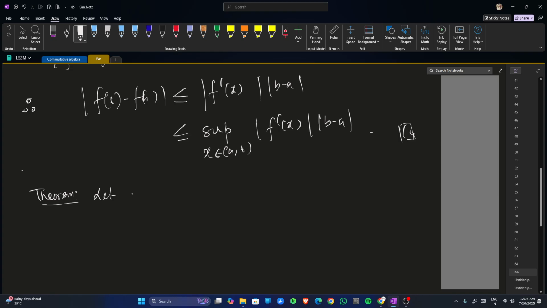Let E, a subset of Rn, be a convex open set, and let f from E to Rn be a differentiable function.